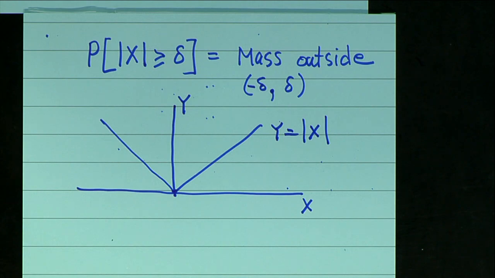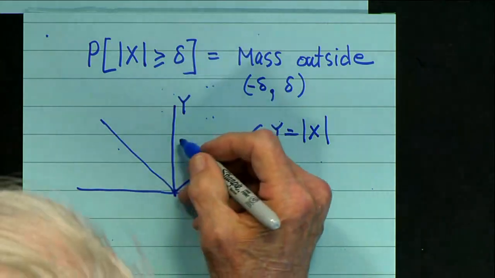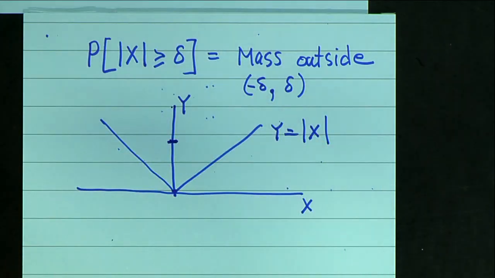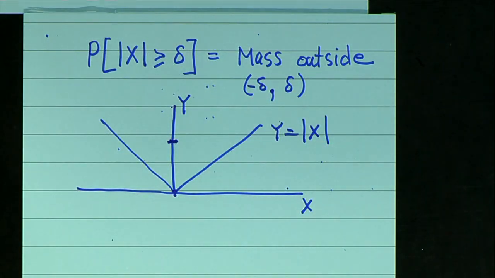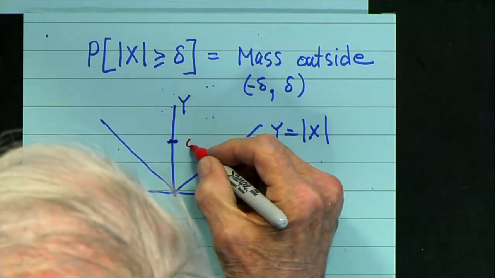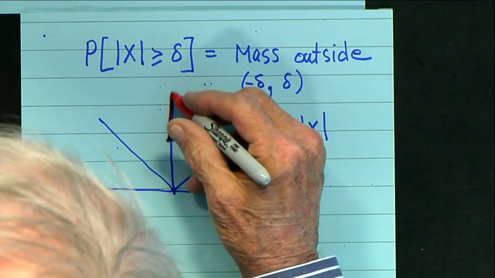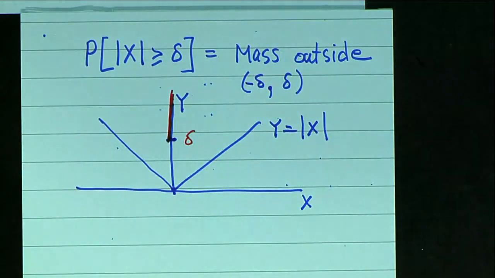So the probability that y is greater than delta corresponds to that integral of the mass.